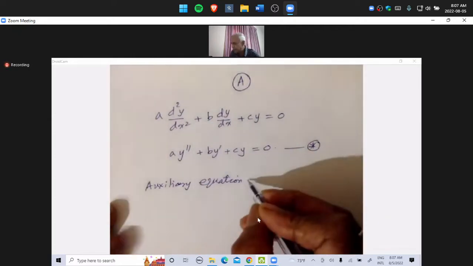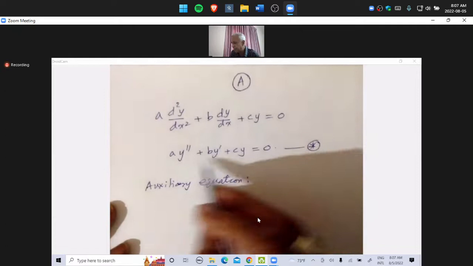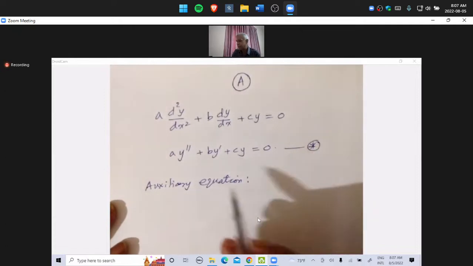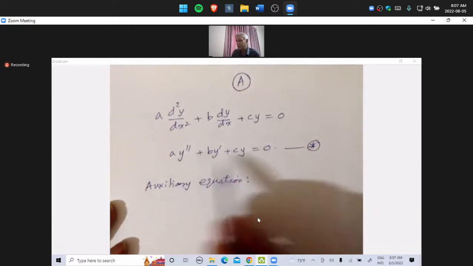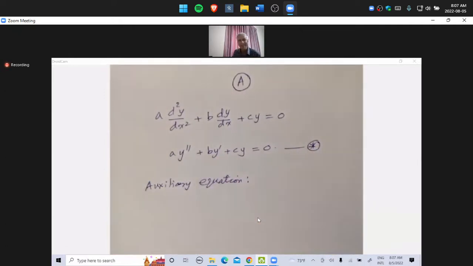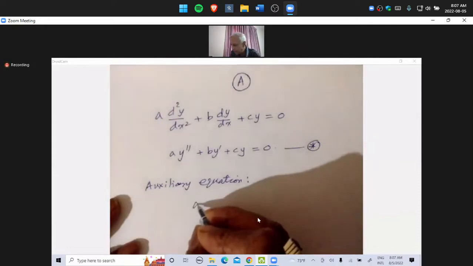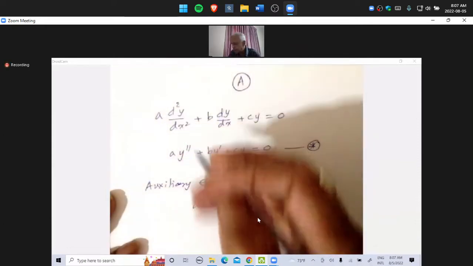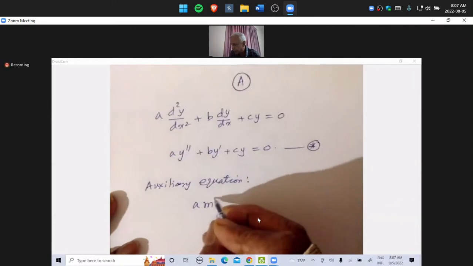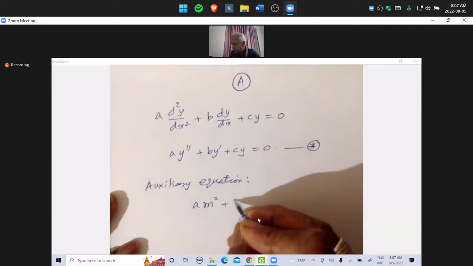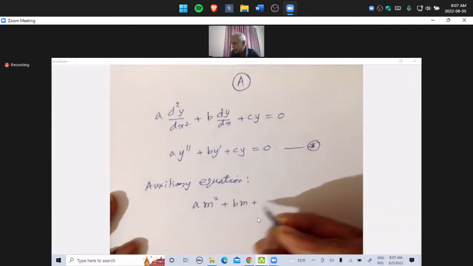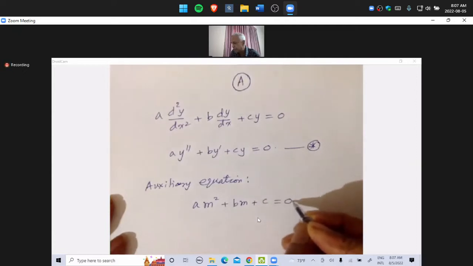Auxiliary equation for such a second order linear differential equation with constant coefficients. We put m squared, sorry, am squared plus bm plus c is equal to 0.